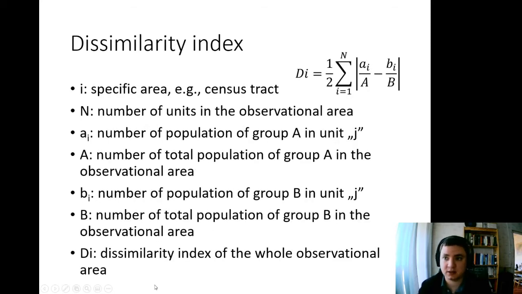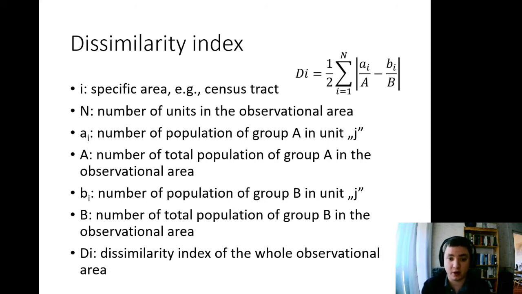The next is the dissimilarity index. This is a global index. So if you have two different social groups, you can quantify and measure the degree of segregation between these two social groups with one value for the whole observational area.